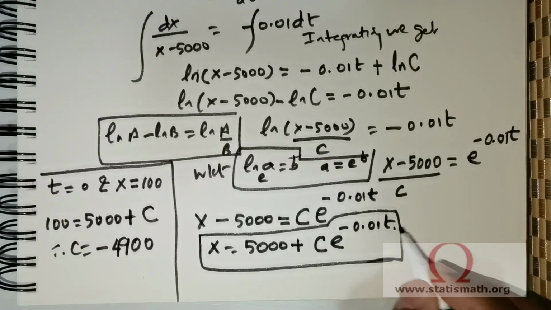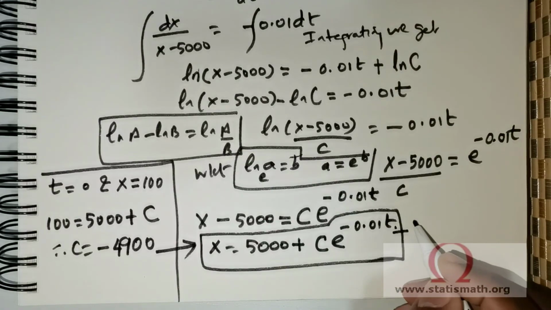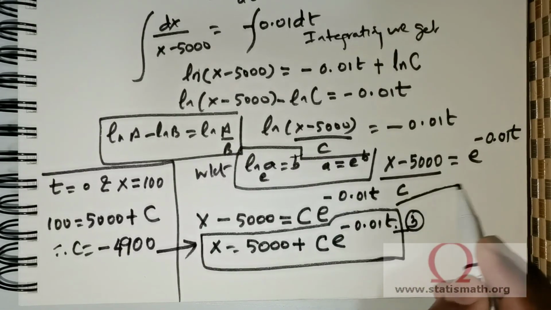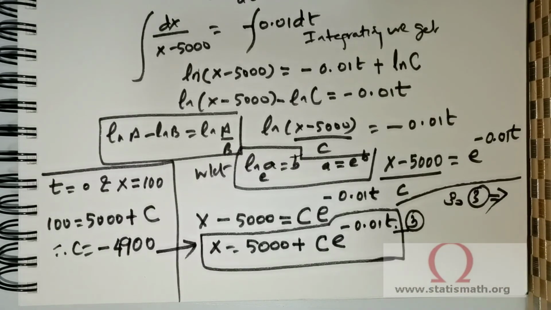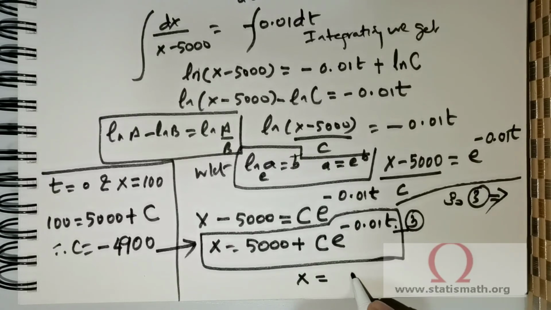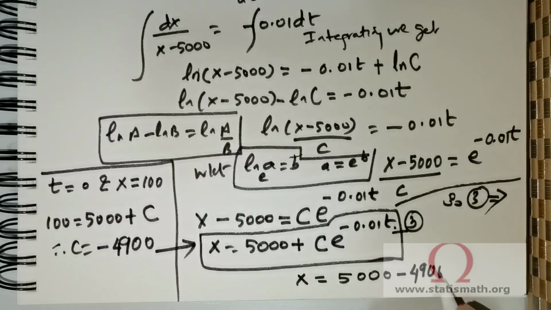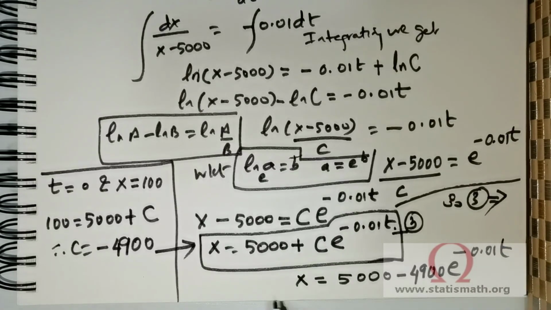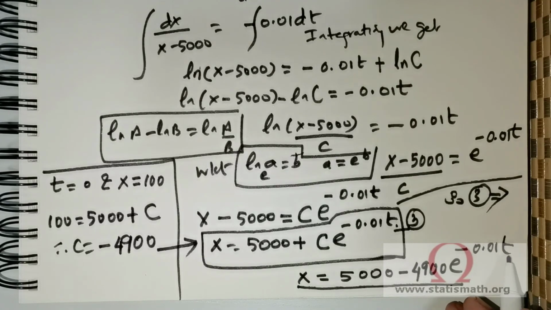If we substitute this into the system, say I take this as 3, the new system would be x is equal to 5000 minus 4900 times e raised to the power negative 0.01 t. This would give us the solved amount of salt at any time t.